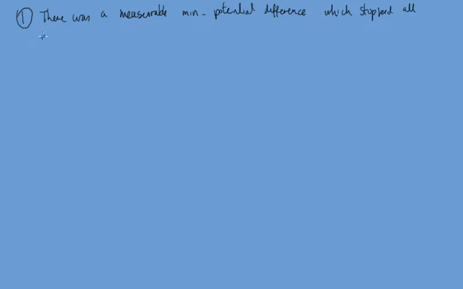So, firstly, there was a measurable minimum potential energy difference which stopped all electrons reaching the collector.